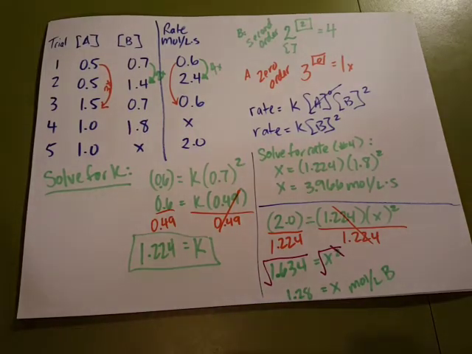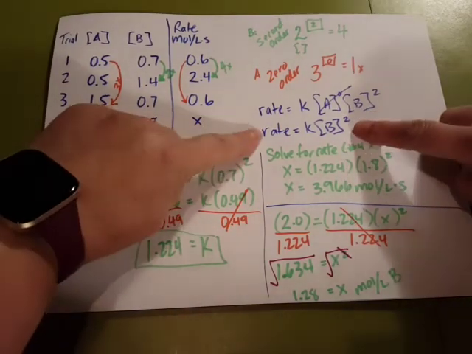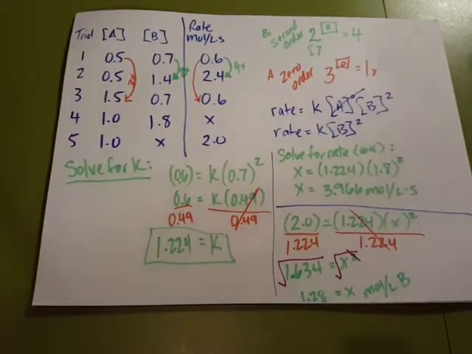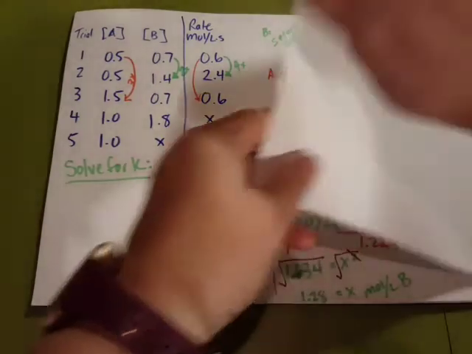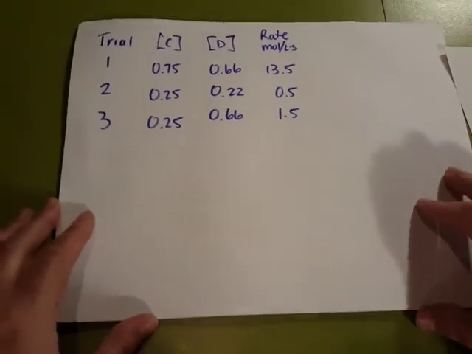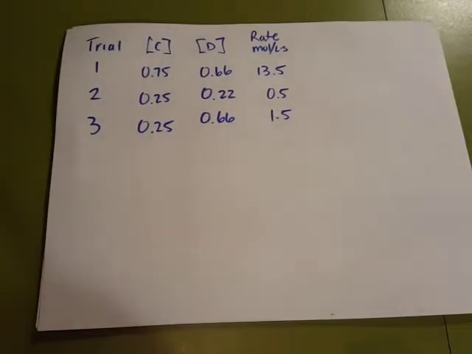I'd like to look at one more because I think the challenge to rate law is this part, setting it up. So in terms of the ratio method, I just wanted to look at one more sample and talk through how to get the initial rate law itself.